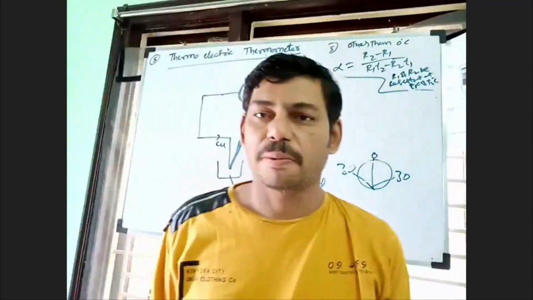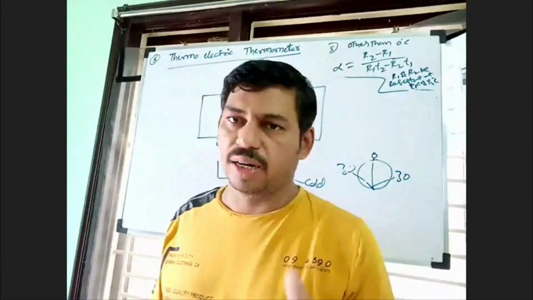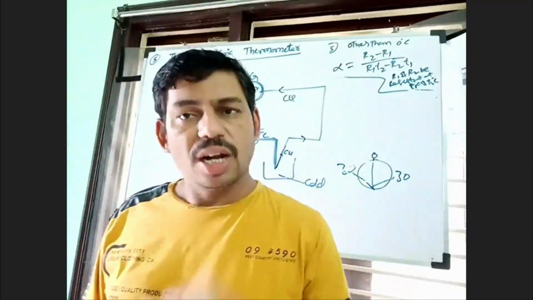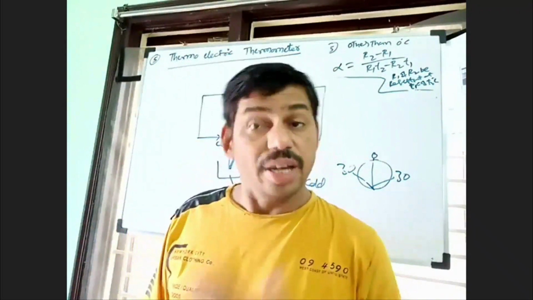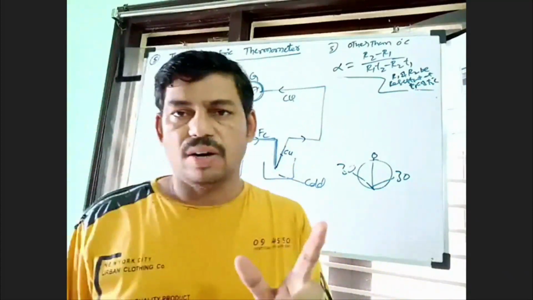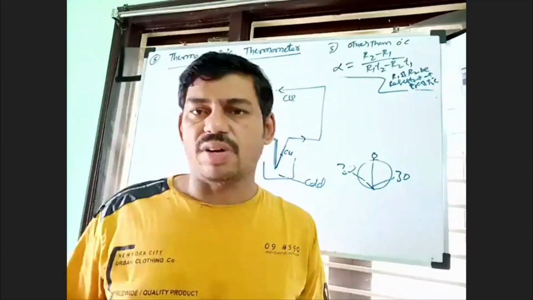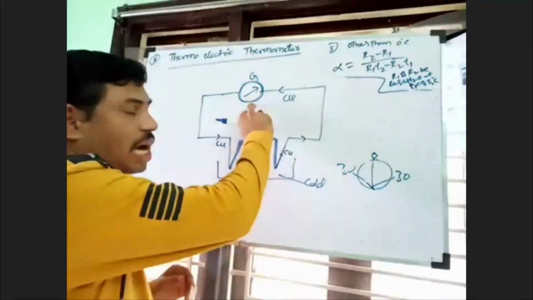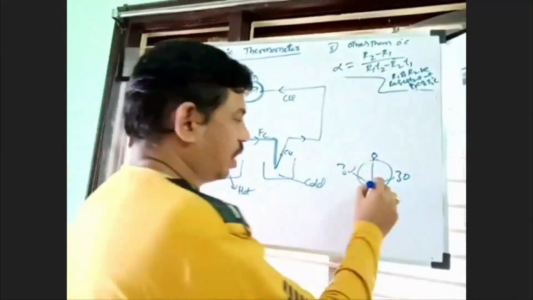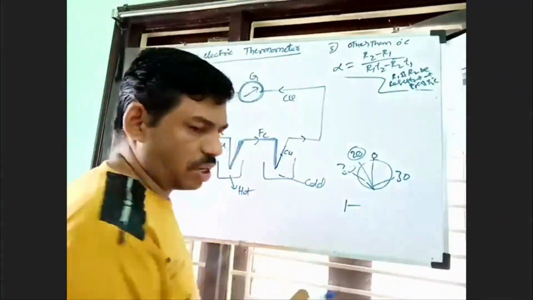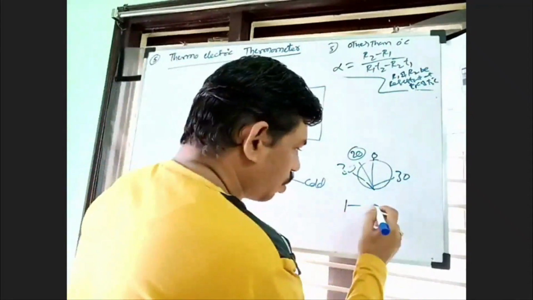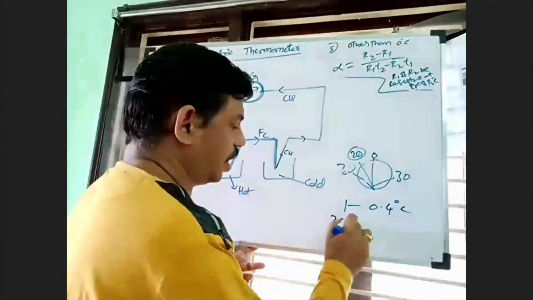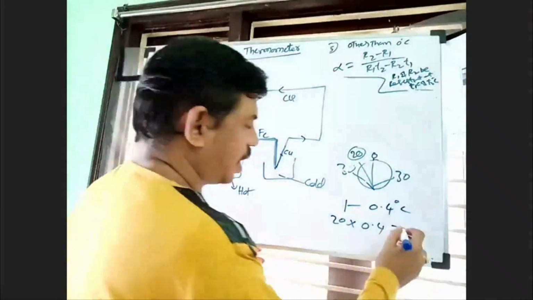without use of a thermometer. Like a multimeter in an electrical shop, which measures voltage, current, resistance, capacity, all values, multi-purpose. Similarly, for the galvanometer, for example the deflection is 20 and one division equals 0.4 degree, so 20 into 0.4 equals 8 degrees.